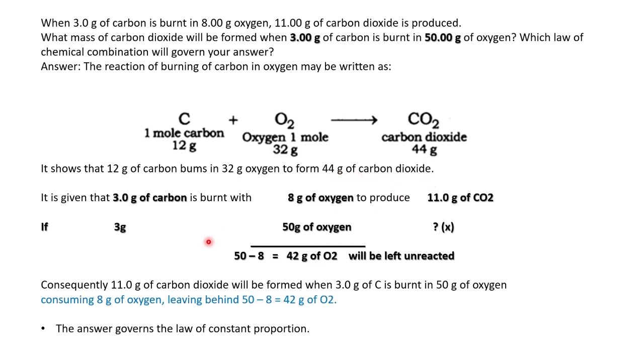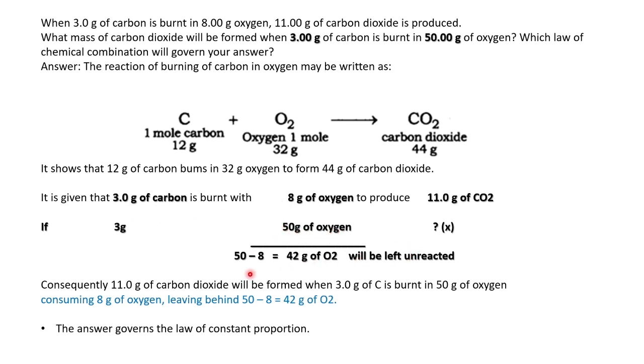So if 3 grams of carbon is burnt in 8 grams of oxygen to produce 11 grams of carbon dioxide, the first time we burn 3 grams with 8 grams and we produce 11 grams of carbon dioxide. Again, if 3 grams of carbon is burnt with 50 grams of oxygen, what will happen?